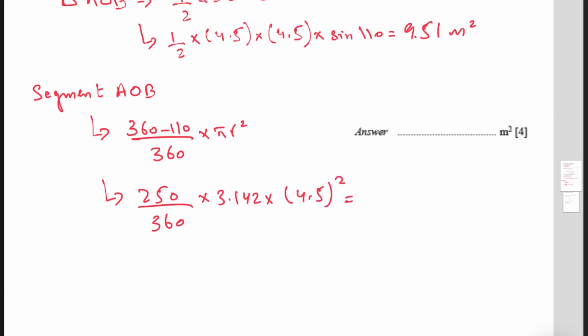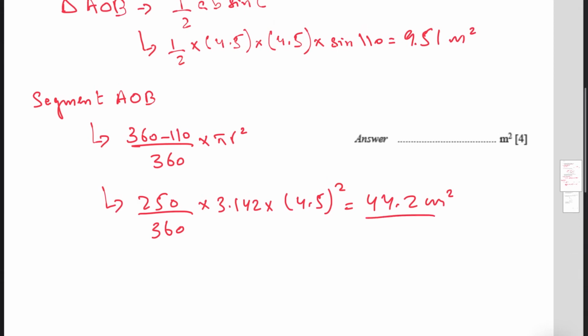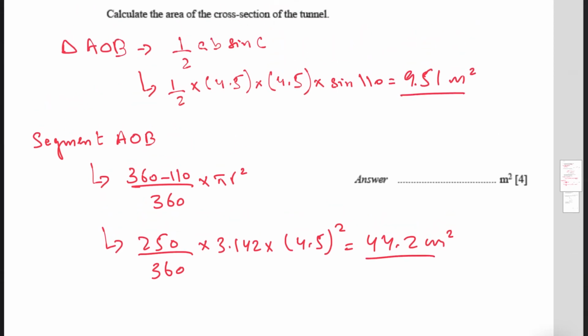Okay, let's plug this into the calculator. We do 250 over 360 times 3.142 times 4.5 squared, and eventually we get 44.2 meters squared. Now we have the area of the segment AOB and the triangle AOB.